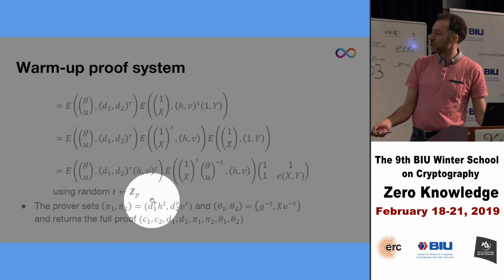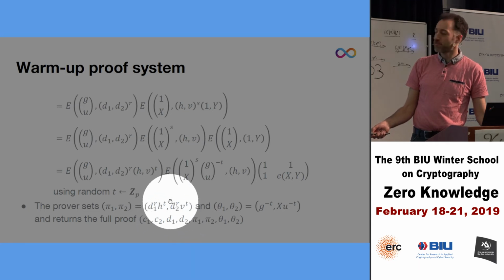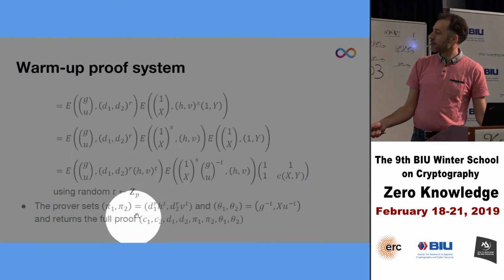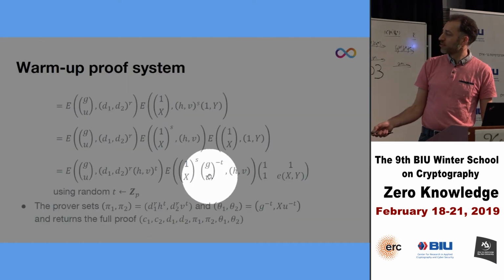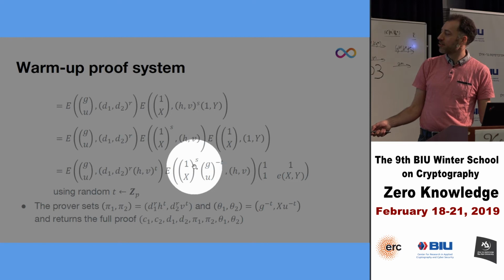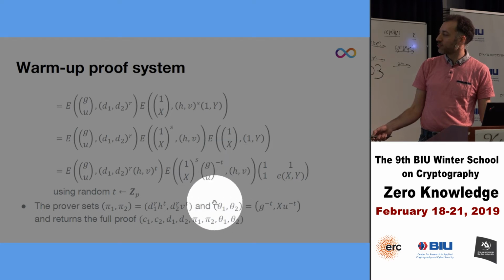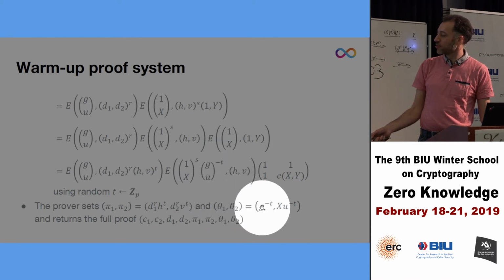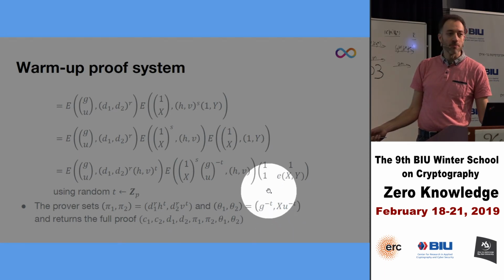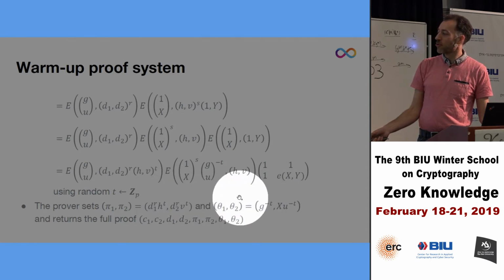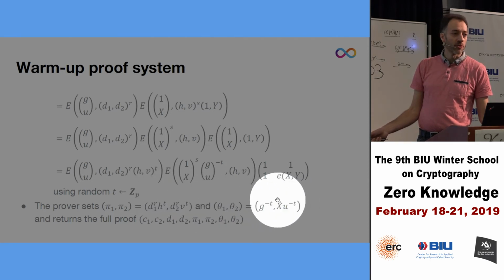So that's D1 to the R, H to the T, and D2 to the R times V to the T. And the second part of the proof will be the component over here, 1X to the S, and GU to the minus T. And I'll call those theta 1 and theta 2. So that gives us G to the minus T, and X times U to the minus T. Okay? So we get for this equation here a 4-group element proof.